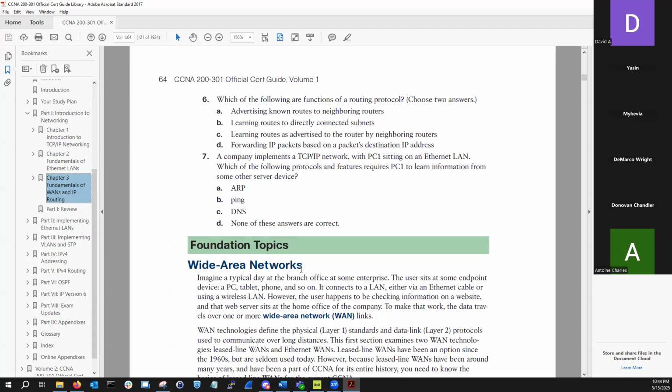Advertising routes to its neighboring routers, learning routes to directly connected subnets, learning routes as advertised to the router by its neighbors. All right, so I'm gonna go with A and C.